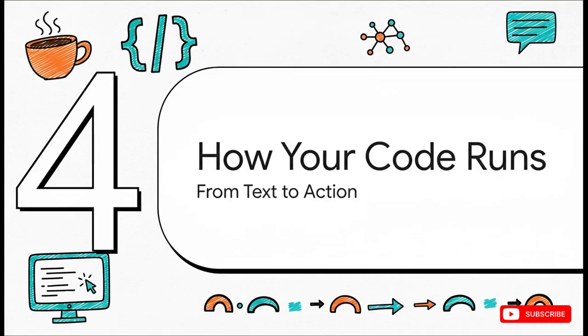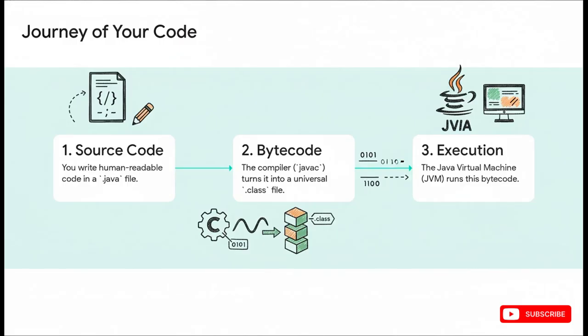So we know what the code does, but how does the computer actually understand it? Let's pull back the curtain for a second and see what's happening behind the scenes when you hit that run button. Your code actually goes on a pretty cool little journey. It starts with you writing your source code in a file that ends in .java. Then, the Java compiler, its nickname is javac, acts like a translator. It turns your code into a universal language called bytecode.